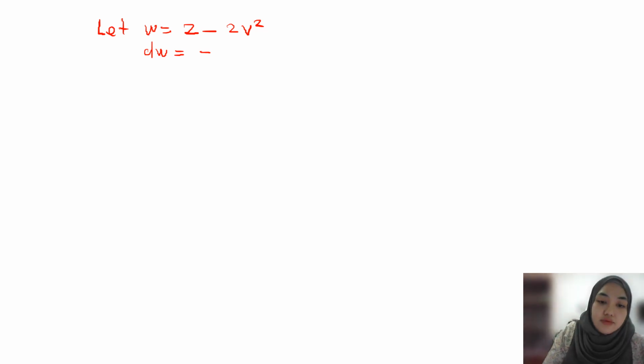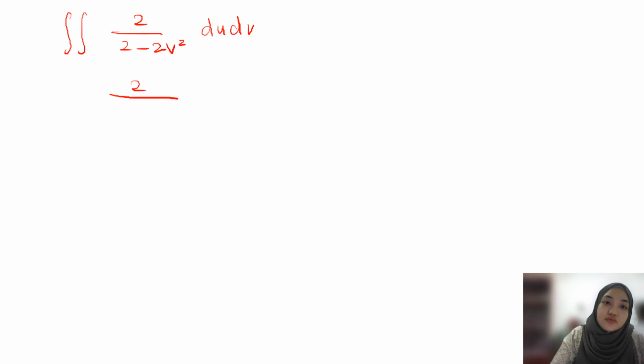Sorry, before we let w, since we get negative, what we can do is simplify. We have integral of 2 over 2 minus 2v squared du dv, right? So we can simplify the 2, and you will get 2 in bracket, 1 minus v squared du dv.